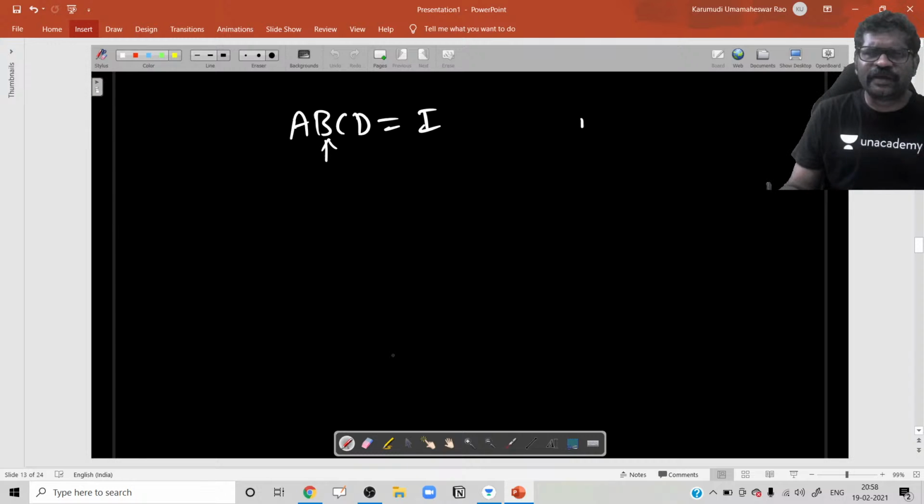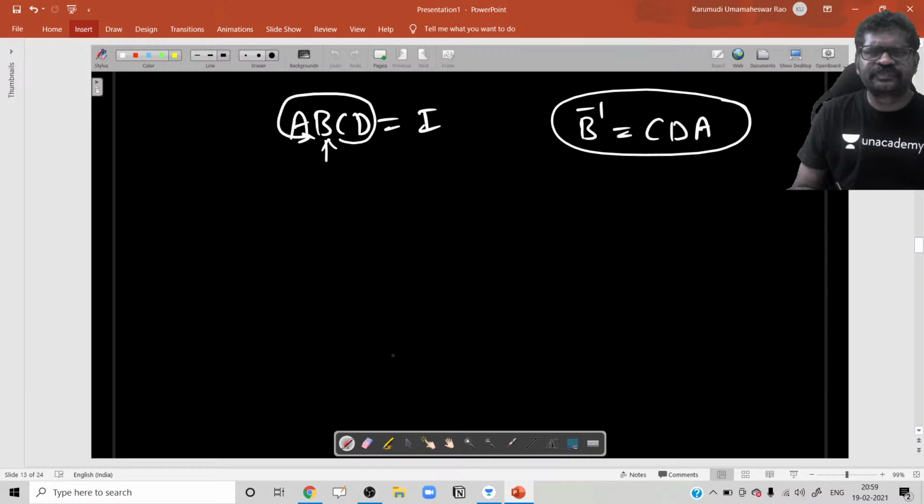Starting from B, follow counterclockwise order: C, D, A. That is the answer. Suppose you would like to find out C inverse: follow from C, counterclockwise order, D A B. That is the answer.